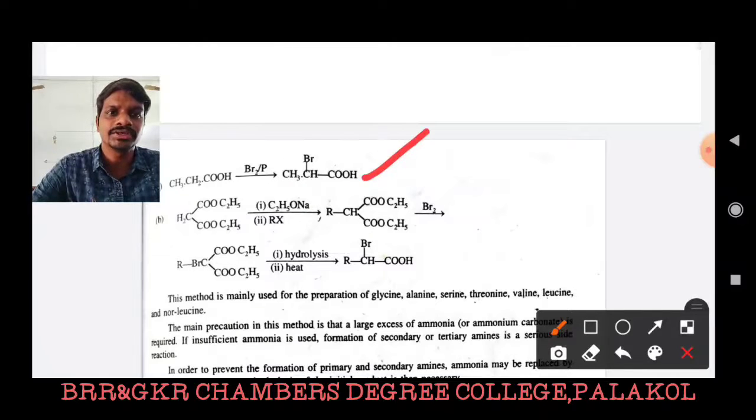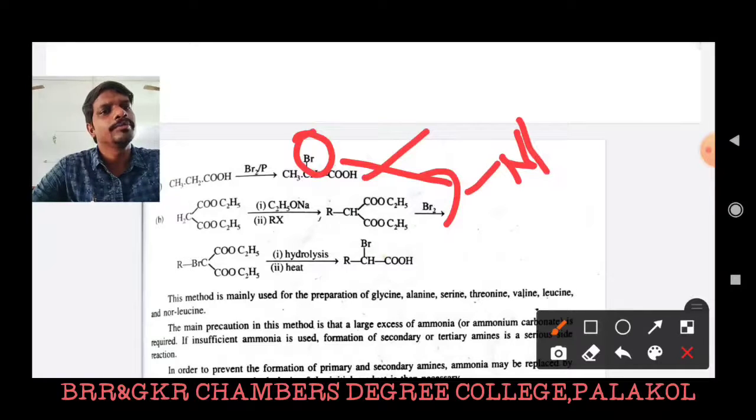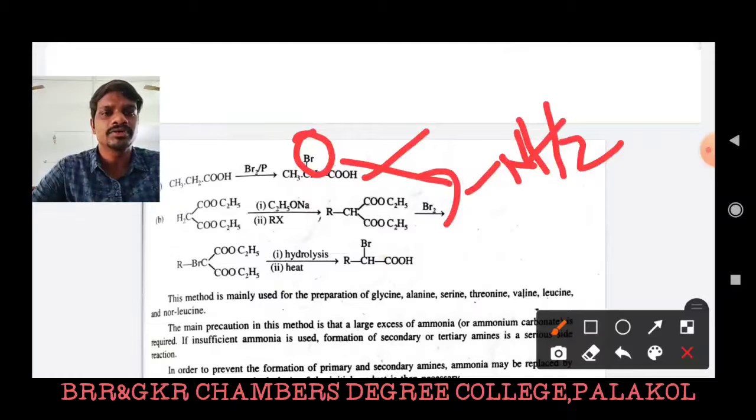But our aim is the preparation of alpha amino carboxylic acid. That means in place of this bromine, we need an amino group. So, how can we get an amino group in place of bromine, students? By doing a substitution reaction.